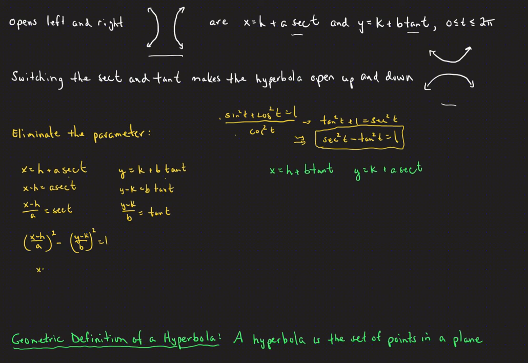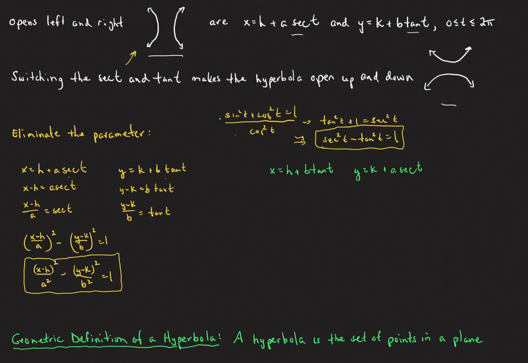So we'll square the numerator and denominator and get x minus h squared over a squared minus y minus k squared over b squared is equal to 1. This is going to be our equation of a hyperbola that opens right and left, like we see up here.